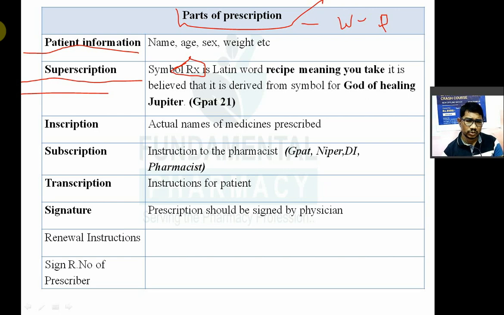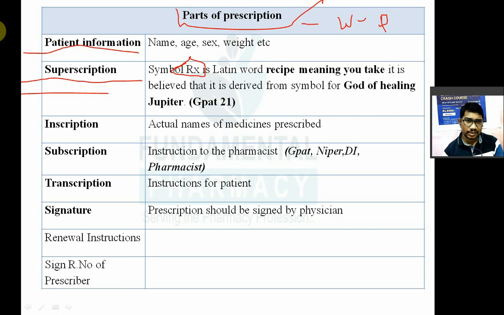The doctor just prescribes the brand name of the tablets, and you have ready-made formulations. Before the modern era, there was formulation and dispensing, so the pharmacist was known as a dispenser or a compounder, because he performed both compounding and dispensing. Now you just pick up the formulation and dispense it.